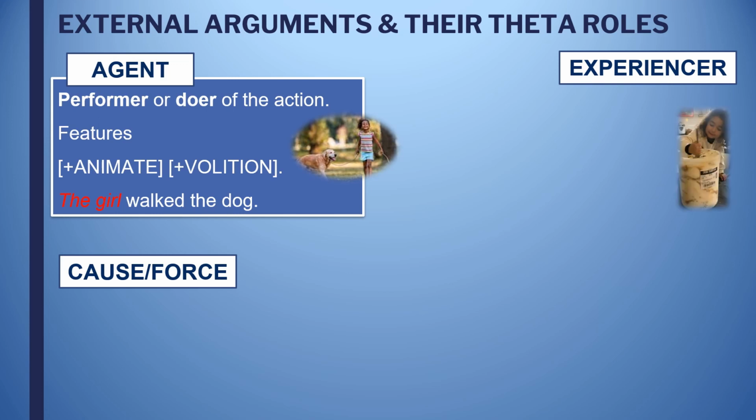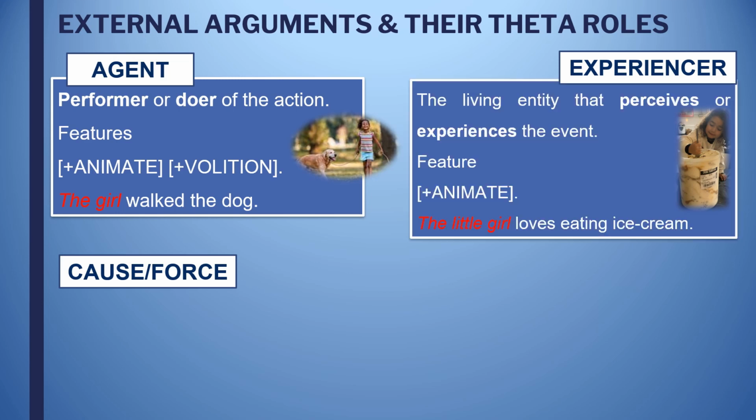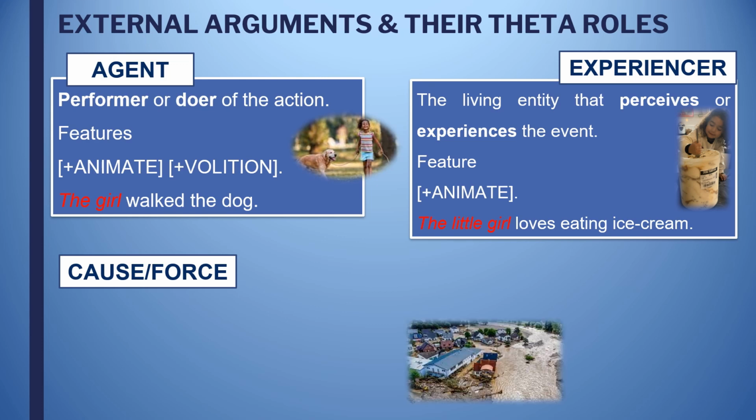In the case of the little girl loves eating ice cream, the DP, the little girl, is the living entity that perceives or experiences the event. So, it is associated to the feature plus animate, but there is no volition.